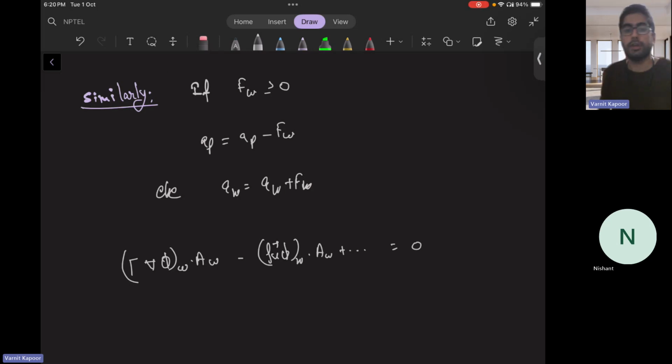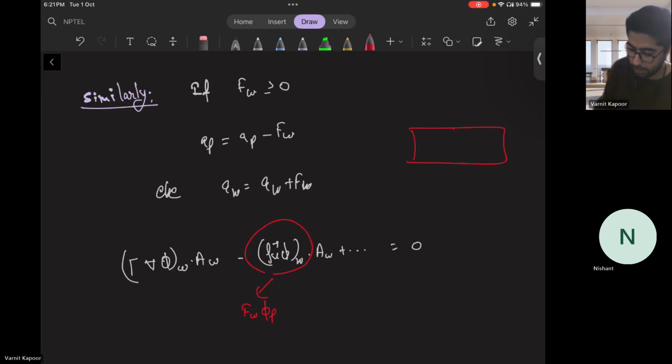So you can say that this term again will be FW phi P if FW is, this was your P node, this was your west node. Flow is from left to right.